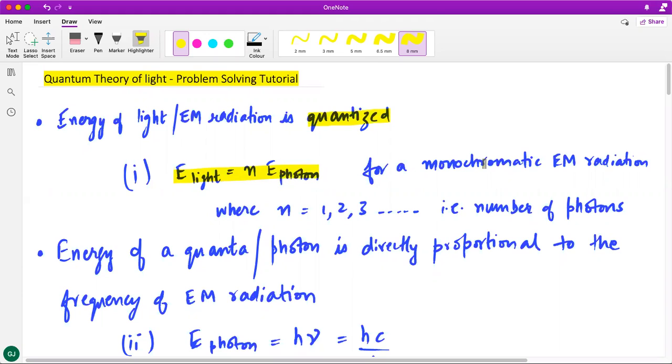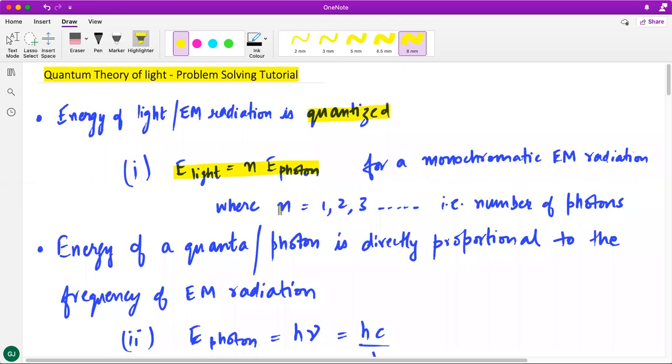So for a light which is monochromatic, monochromatic means of a particular wavelength only or a particular frequency, the total energy present in that electromagnetic radiation is made up of the sum of energy of its photons, right? So here n represents the number of photons and E photon represents the energy of a single photon, right? That is what we call the quanta of energy.